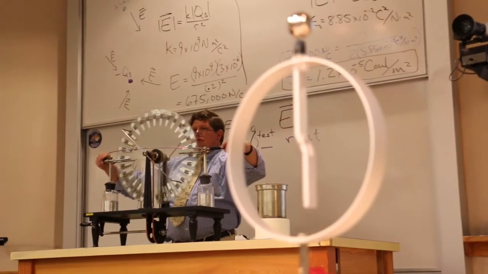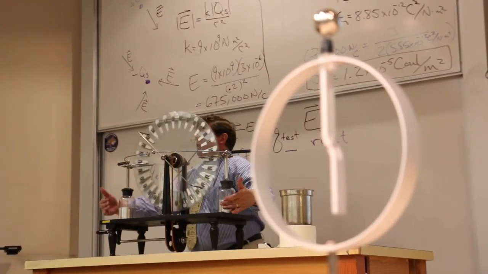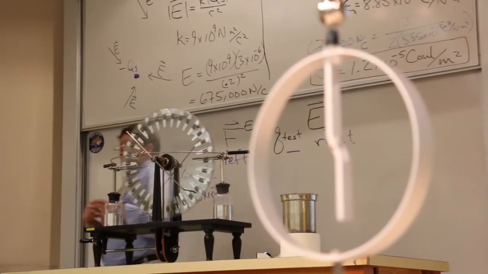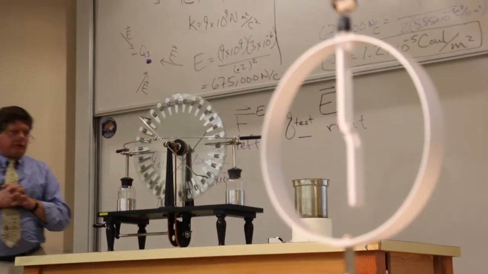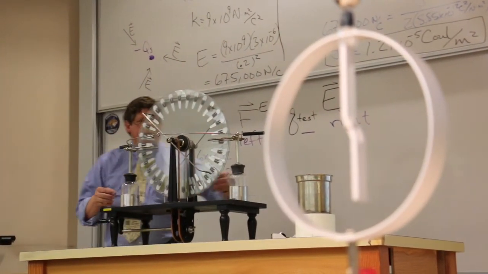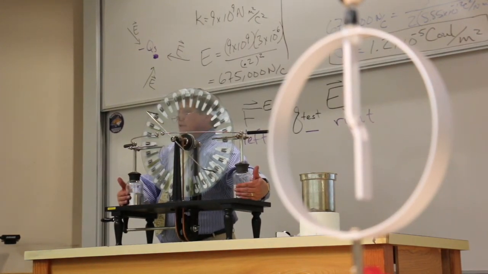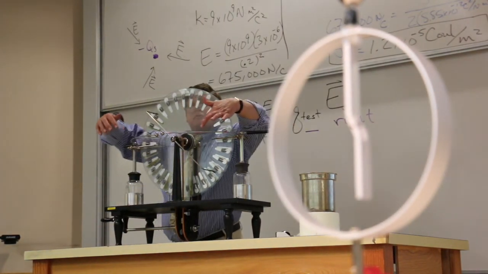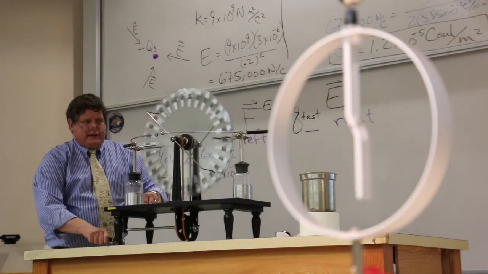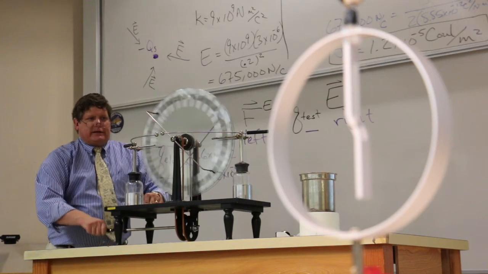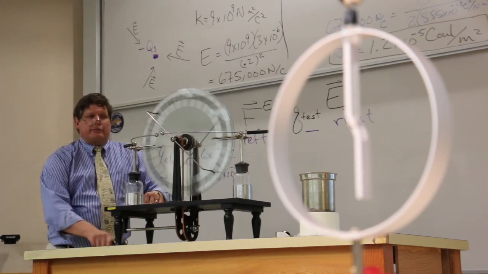Now the Wimshurst machine is a way of separating negative charge from positive charge through a process called induction that we'll talk about towards the end of the semester. But suffice it to say that now I just collect electrons here, and I'm missing electrons over here, and so this rod would be negative, this rod would be positive. And if I turn the crank and collect the charge, I can build up enough charge that it actually jumps the gap.